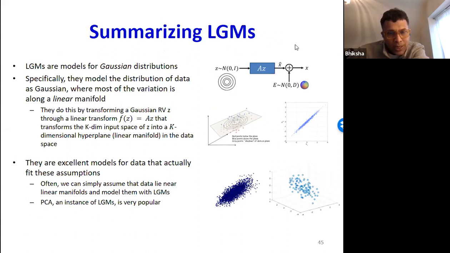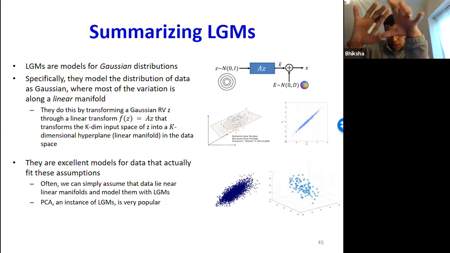The way they model it, the generative model is this. You start off with a Gaussian random variable z, then you transform it linearly. So if the Gaussian random variable is k-dimensional, then that means you have this k-dimensional space in which the data are Gaussian distributed.